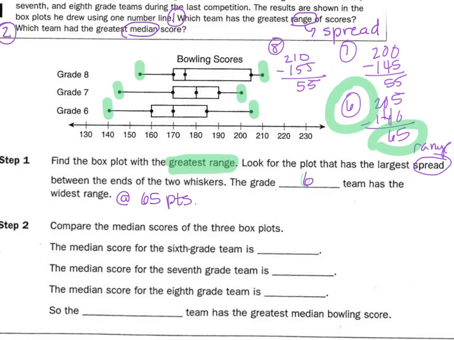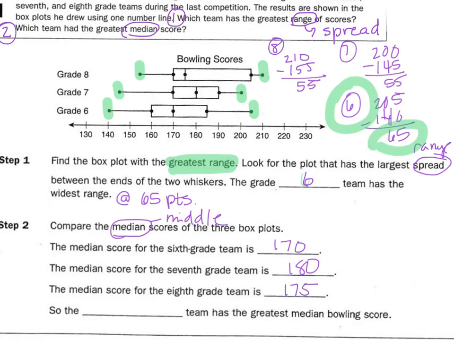All right, so now we have to compare the median scores of the 3 box plots. The median means the middle. The median score for the 6th grade team, median is this middle line, is right there at 170. The median score for the 7th grade team is right there at 180. And the median score for the 8th grade team, that's between the two, so I'm going to estimate that to be 175.